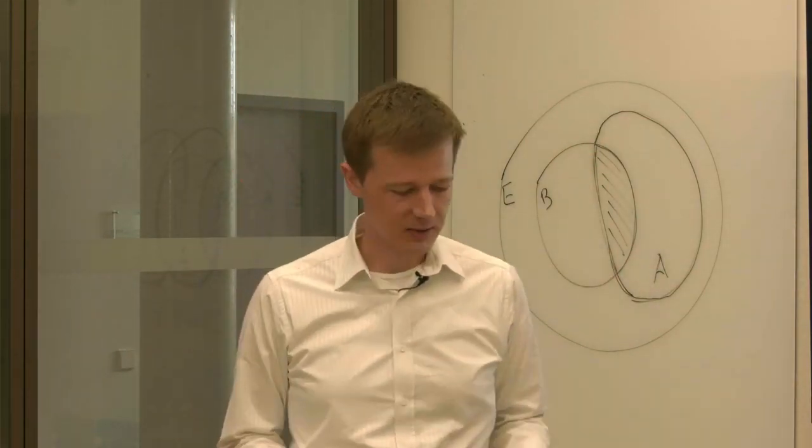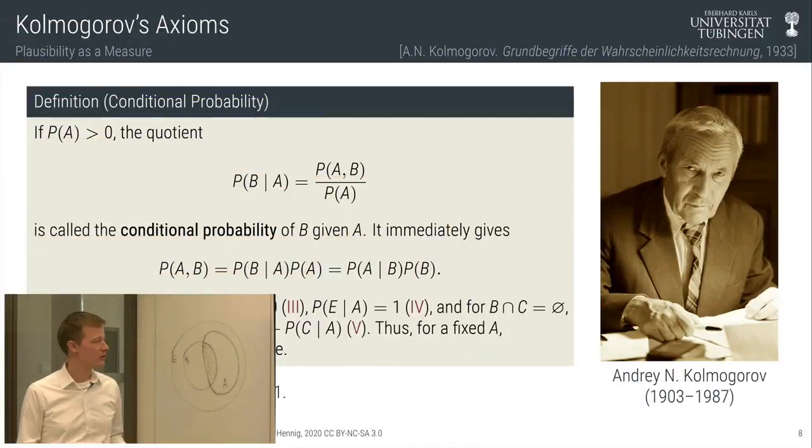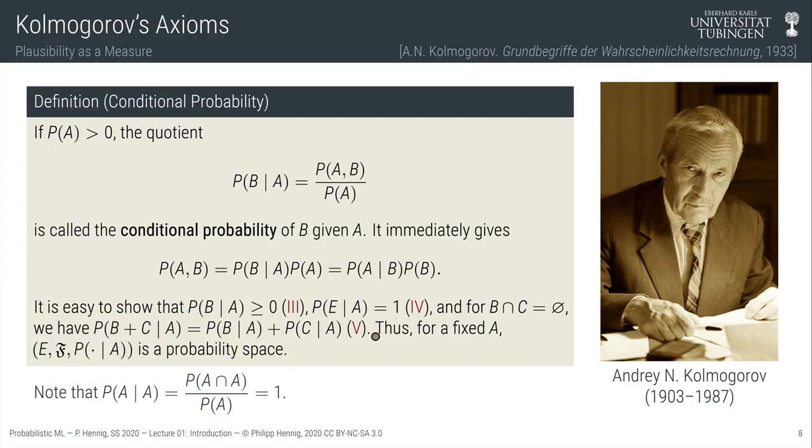Now, why is this interesting? It's interesting because, and you can easily show this yourself, I'll leave it to you as a very simple finger exercise, it's really just plugging in definitions. You can show that the probability for B given A, this conditional probability, is always larger or equal than 0. So this is axiom 3 of Kolmogorov for probabilities. They are a map to non-negative real numbers. It's easy to show that the probability of E given A is 1.